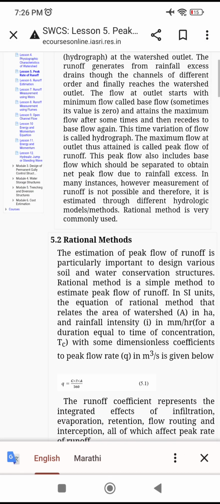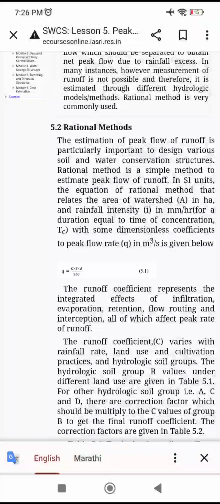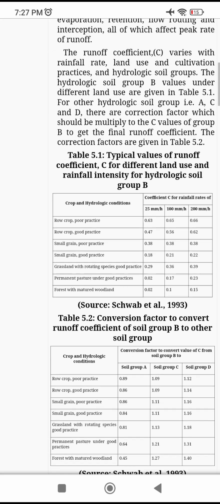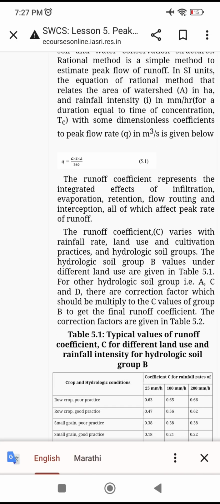Then peak rate of runoff, rational method: Q = CIA divided by 360. In exam they will ask, I is the rainfall intensity, in meter per hour or like that. You should remember, when we are dividing by 360, then your intensity is in per hour, remember this, and discharge is in cubic meter per second.